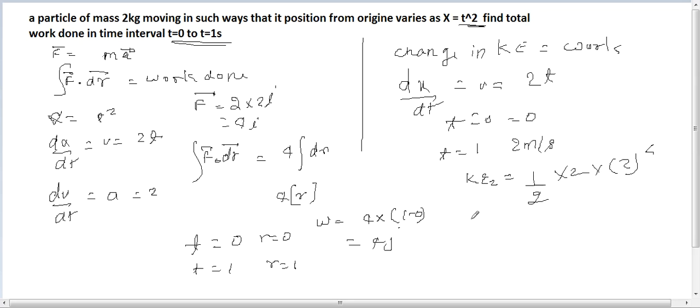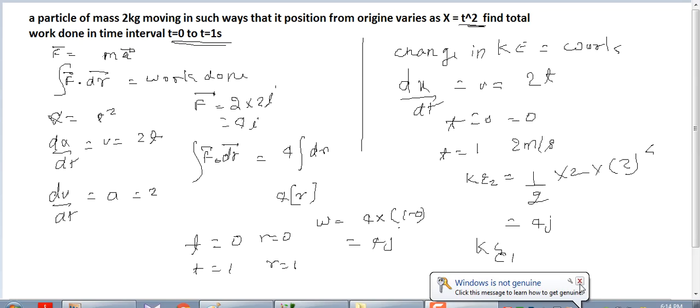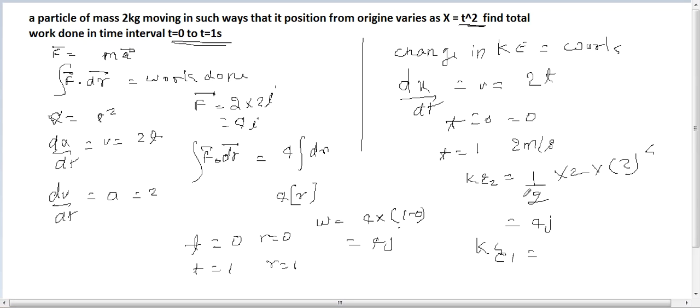So look, this is the 4 joule. And what is the initial kinetic energy? What is the initial velocity? So Ke1 is equal to half, mass is 2, and velocity is 0.